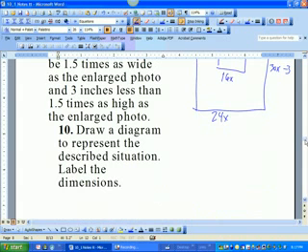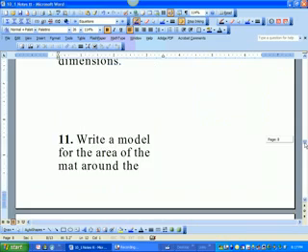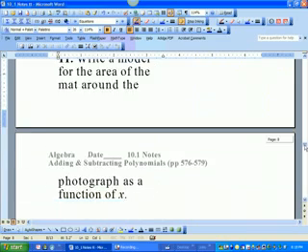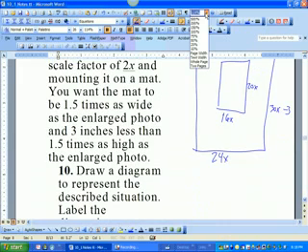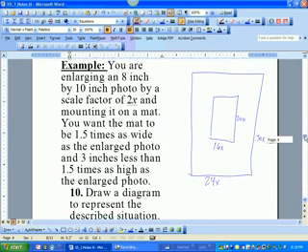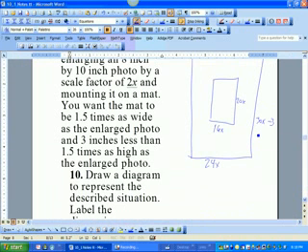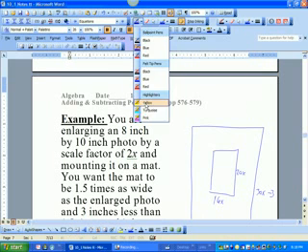Draw the diagram, label the dimensions, which we've already done. Now write a model for the area of the mat around the photograph. I want to find the area of the mat that's not in the picture.